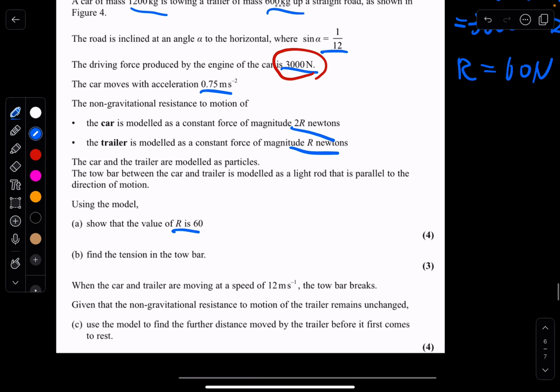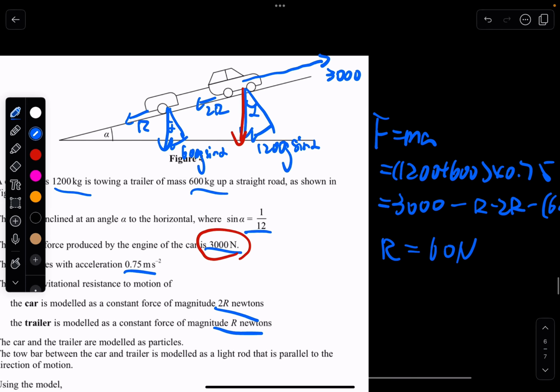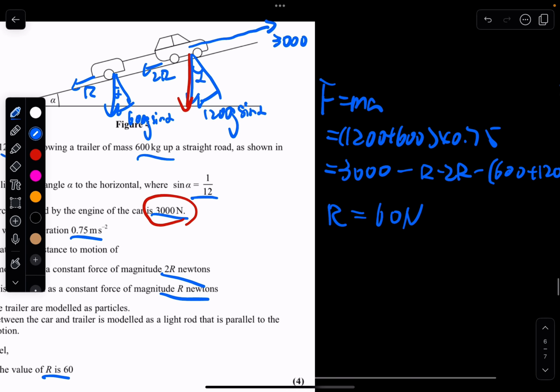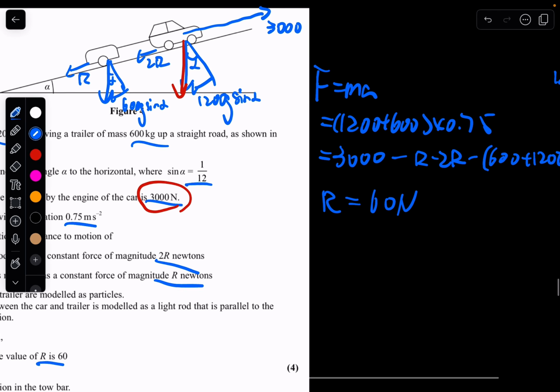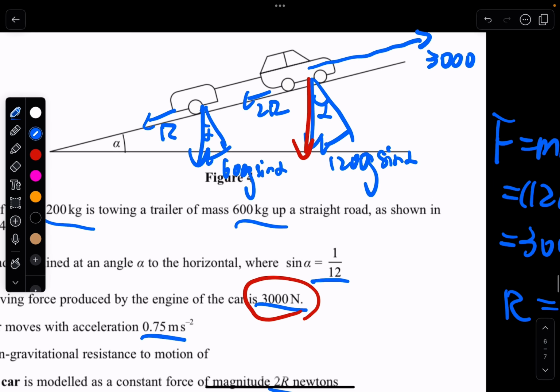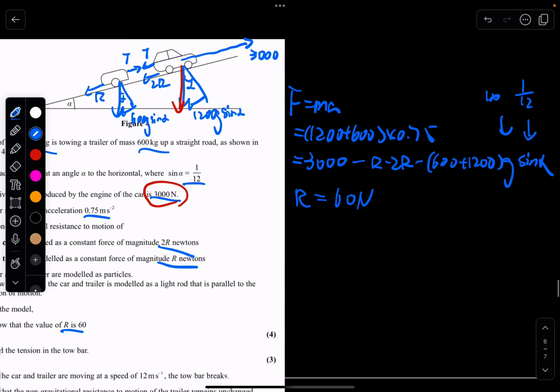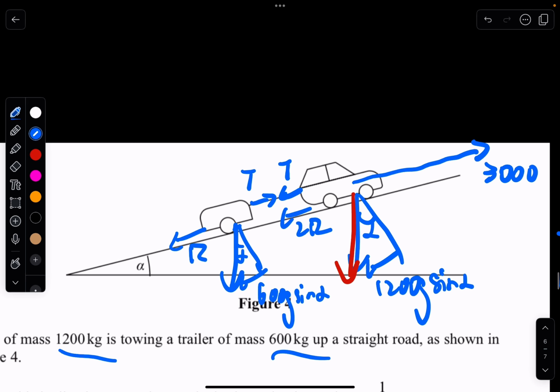Okay, find the tension in the tow bar. This is kind of messy, but I guess we can do it. We must have a tension like this, and these 2 forces must be equal. Otherwise, the cars would be moving in different directions, at different speeds. So how do we model this tension?